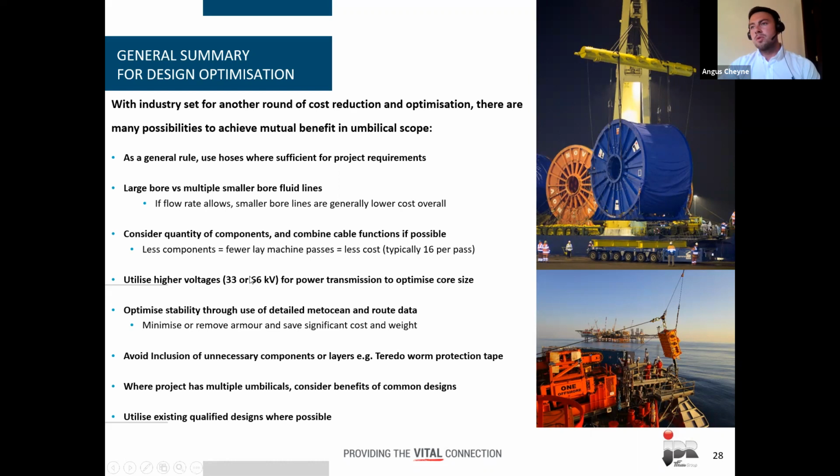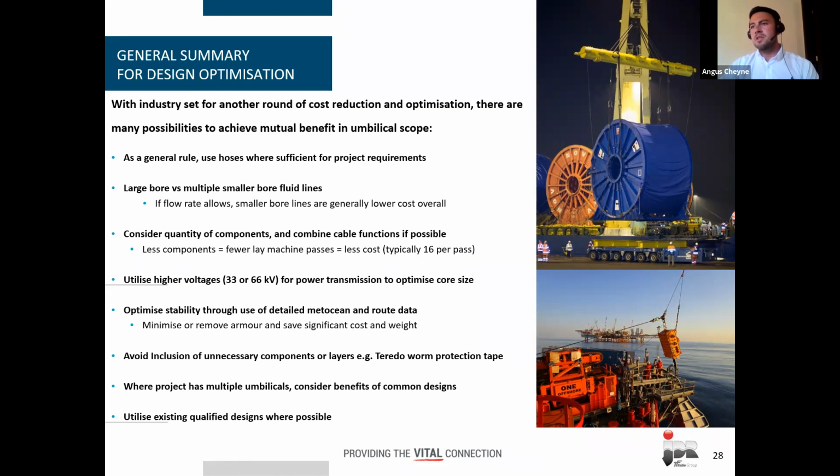As a general rule, you should use hoses where sufficient for project requirements. As I've mentioned a number of times in the slides, they are suitable for the vast majority of projects. So it's only really for high complexity applications where you would need to look at using steel tubes.